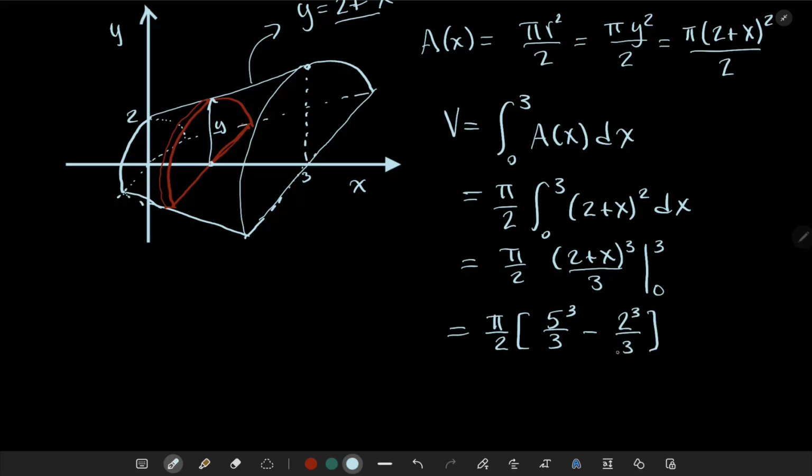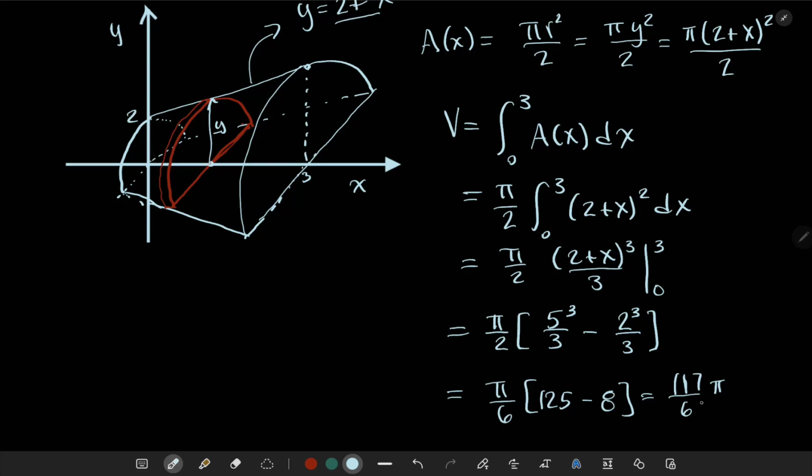I should have actually taken out that common factor of 1/3 here, made this a pi over 6. Oh well, now I did it. So 5 cubed is 125 minus 8, which is 2 cubed, and that's going to be 117 pi over 6. And that's how that works.